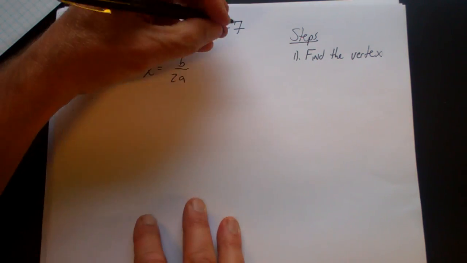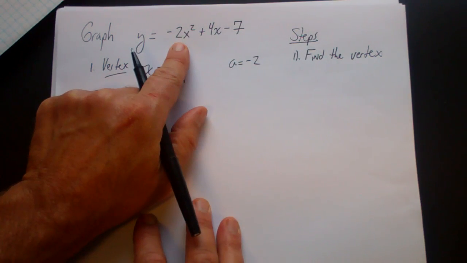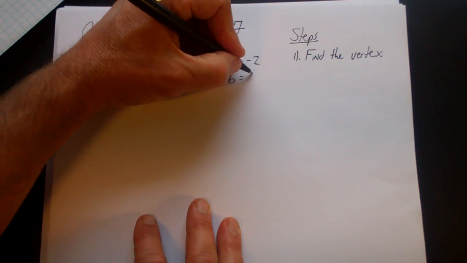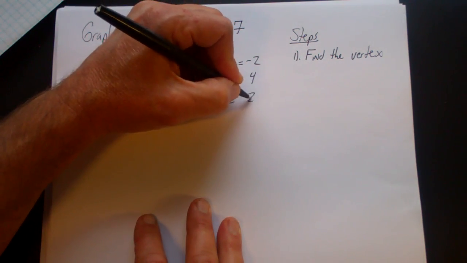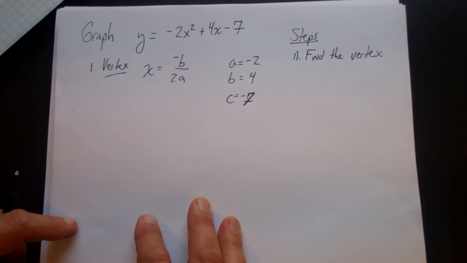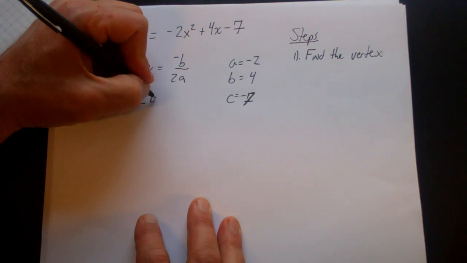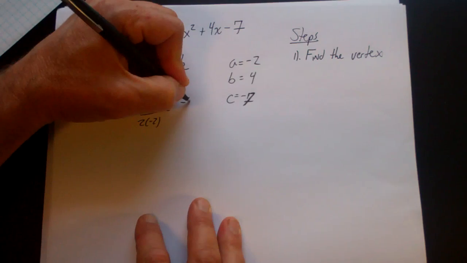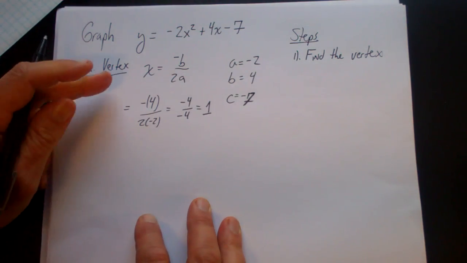So in this problem, a is negative 2, because a is the coefficient of the x squared. b will be 4, and c will be negative 7. Then to find the vertex, you simply plug these numbers in, so that'll be minus 4 over 2 times negative 2, which is minus 4 over minus 4, which is a positive 1. That's how you find the x value.